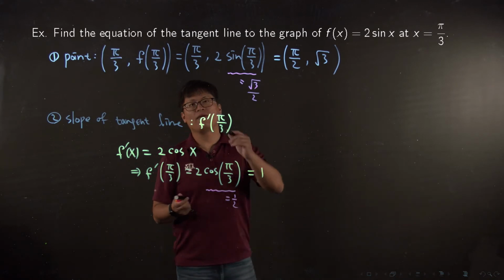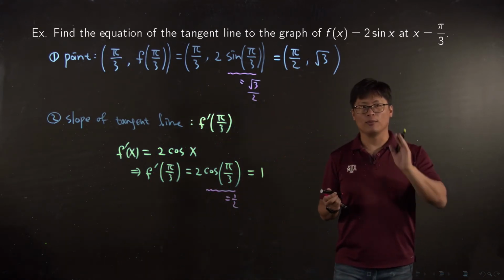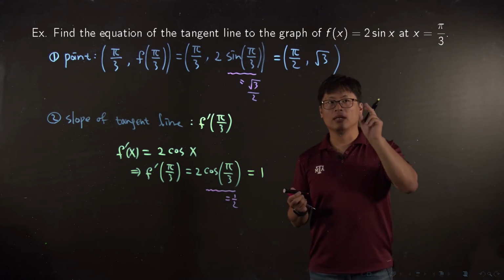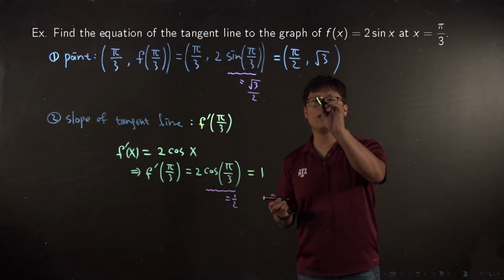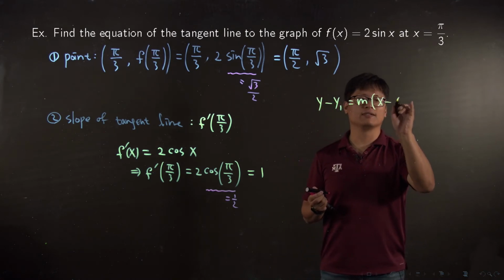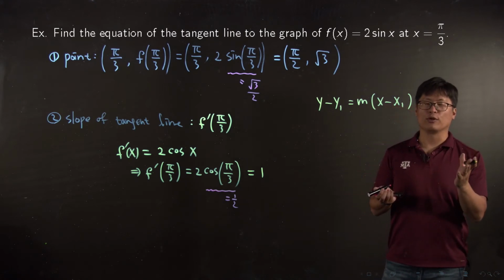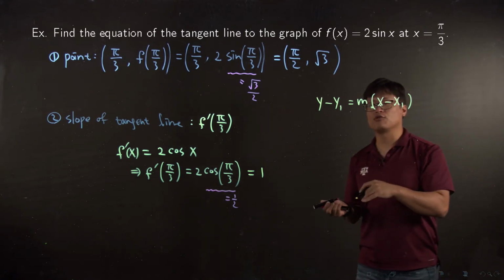Whenever you figure out the point and the slope of the tangent line, then as I told you, you have to remember one important linear equation, which is y minus y1 equals m times x minus x1. Again, if you just want to use y equals mx plus b, you can do that. It doesn't matter, but let me explain it this way.